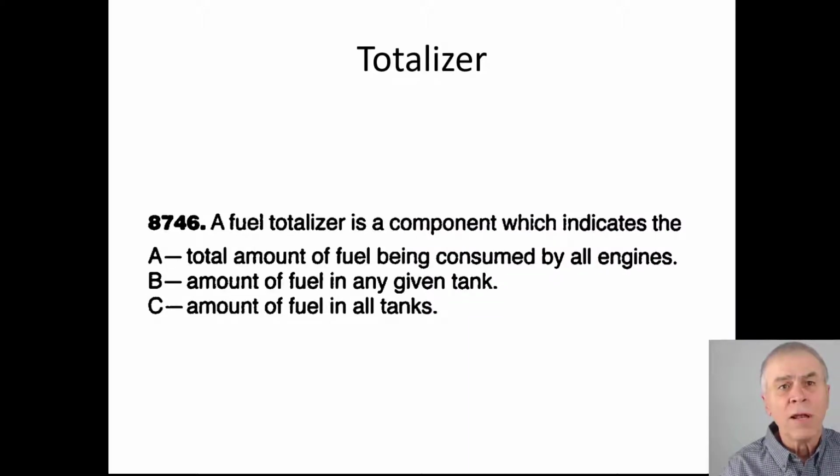A fuel totalizer is a component which indicates A, total amount of fuel being consumed by all engines, not consumed. B, the amount of fuel in any given tank. Well, that's part of it. But C, the amount of fuel in all tanks, the total of all tanks. So it's C, the totalizer.